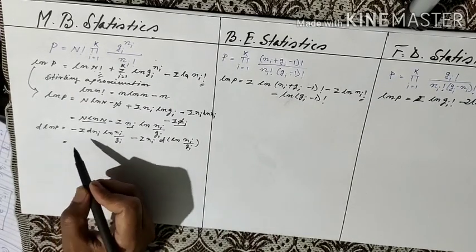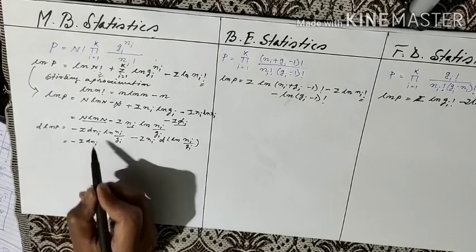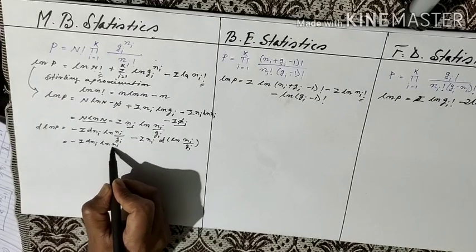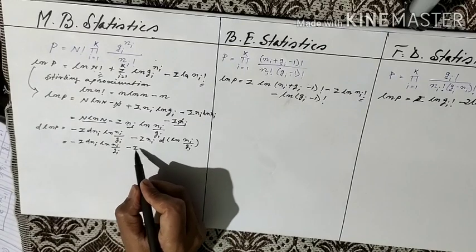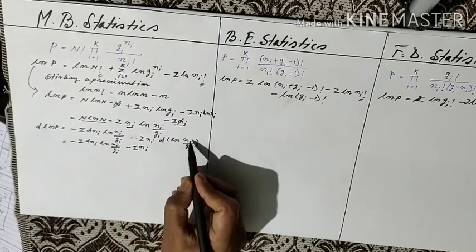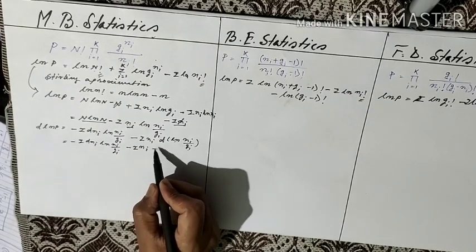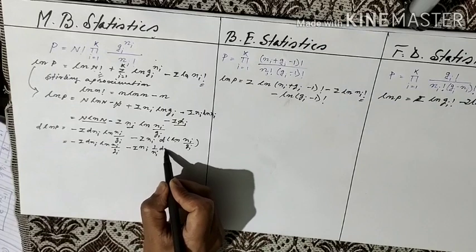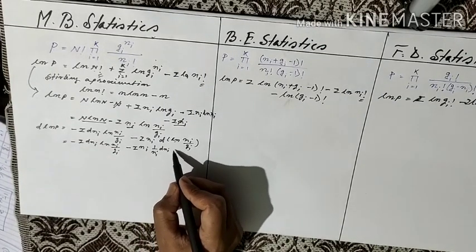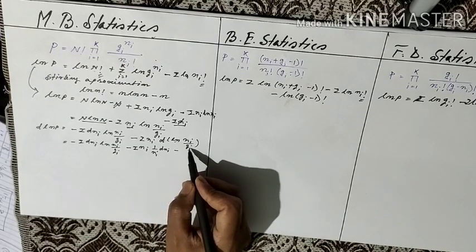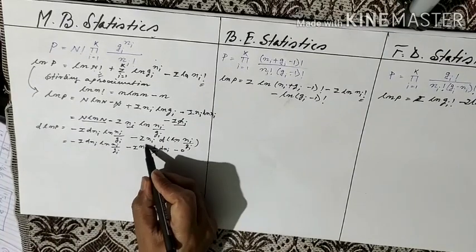So this part will be simply minus summation of dni ln ni by gi minus summation ni, differentiation of log of x is equal to 1 by x dx, so 1 by ni dni, and minus this part is equal to 0. This log of gi, d ln gi is equal to 0. I will not write that part. So ni will be cancelled out.